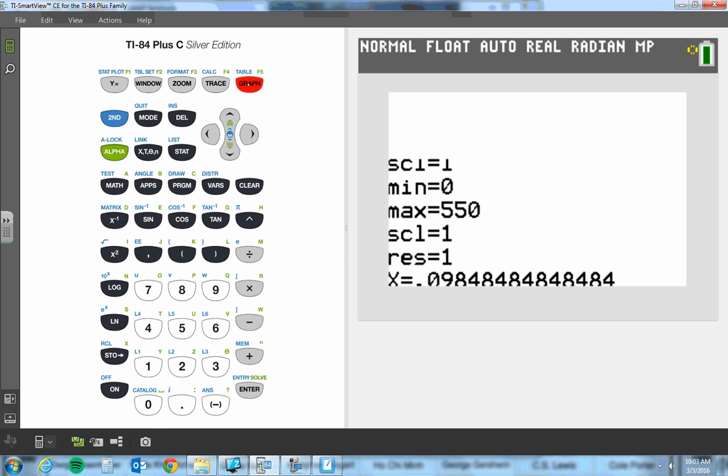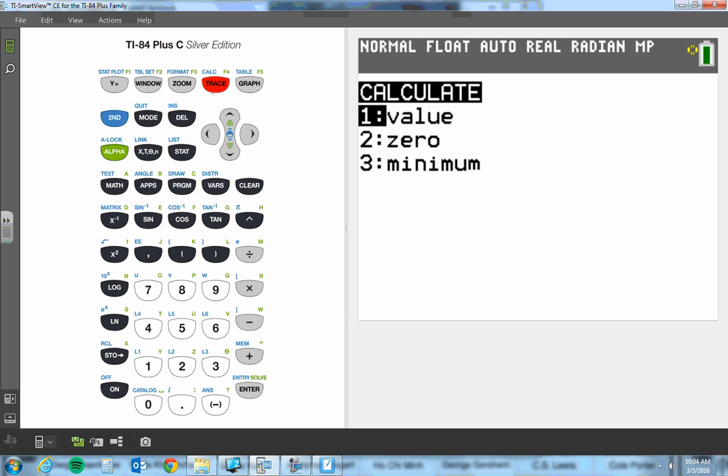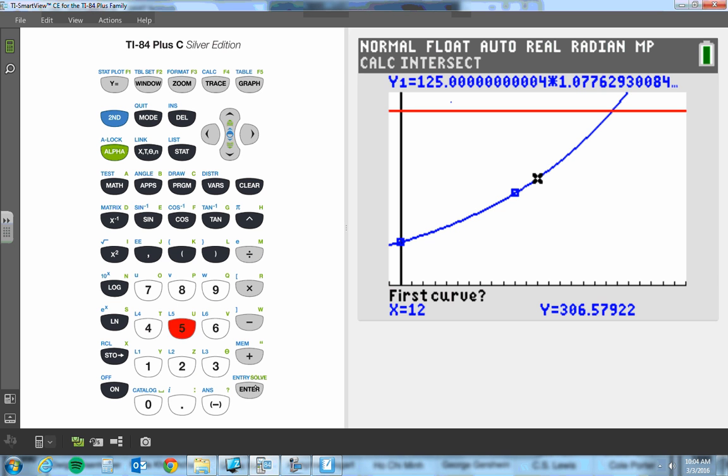And then hit graph, and you need to make sure you see the point where those cross. The horizontal line you typed in, and then our curve. And we wait. And once you get that, you just do second calc, 5. Enter, enter, enter.